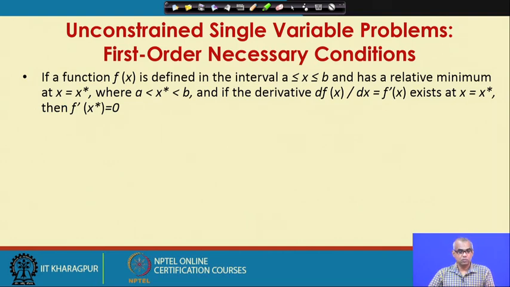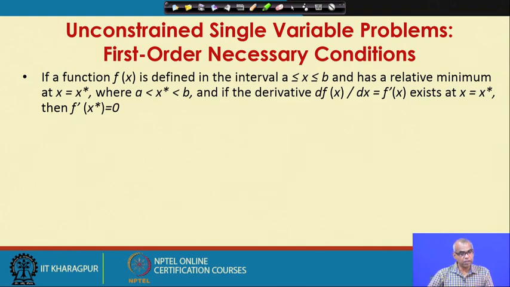So, now we will introduce the first order necessary conditions for optimality for unconstrained single variable optimization problems. The conditions we are going to talk about are first order necessary conditions for unconstrained single variable optimization problems.